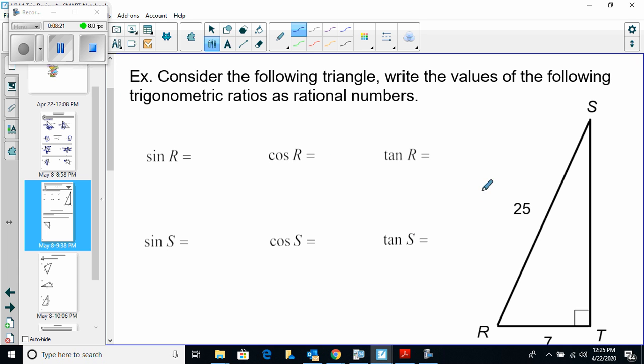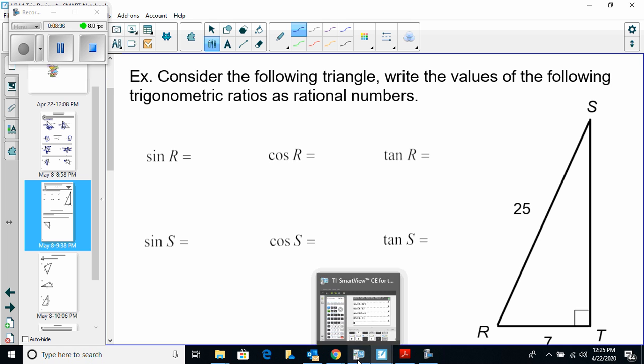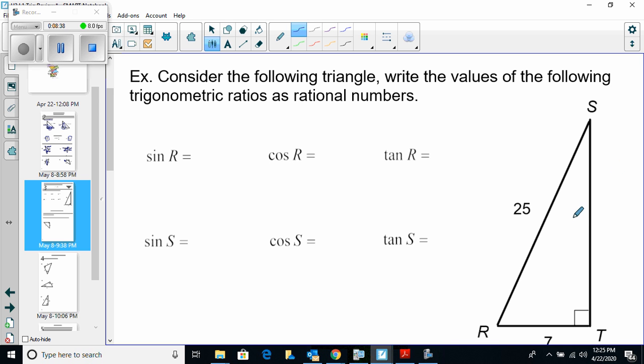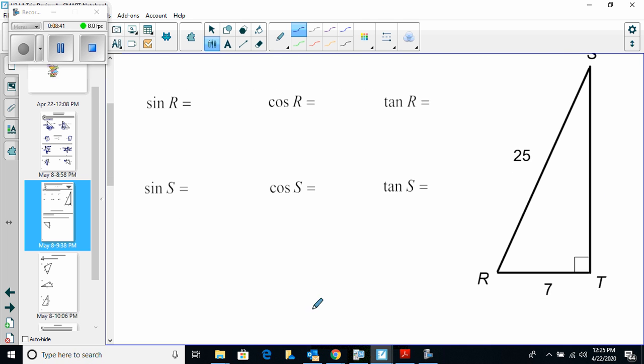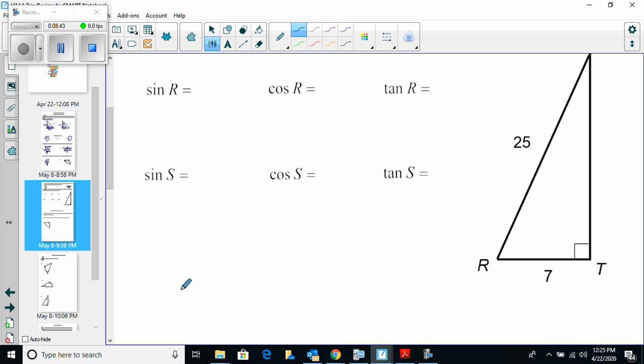But before we do this, in order to use SOHCAHTOA, we need to find the third side of the right angle triangle, which is missing here, and it is side ST. In order to do that, we will use the Pythagorean theorem, which is a squared plus b squared equal to c squared.